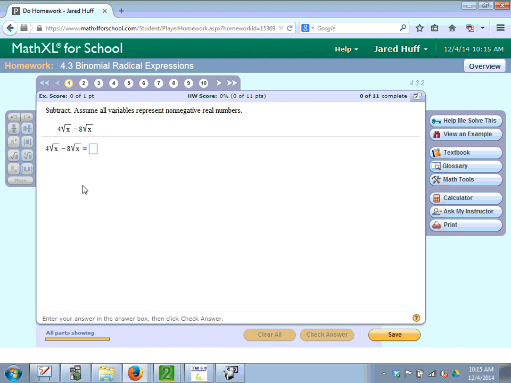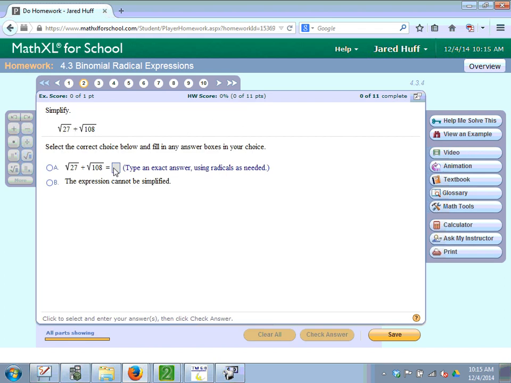That takes all of a half a second to solve. What's the answer? Negative 4 root x. Easy problem. Question 2. This is kind of like our quiz question. You've got to simplify. That's 3 root 3. 108 divides by some kind of a perfect square. But anyway, that's not super difficult.